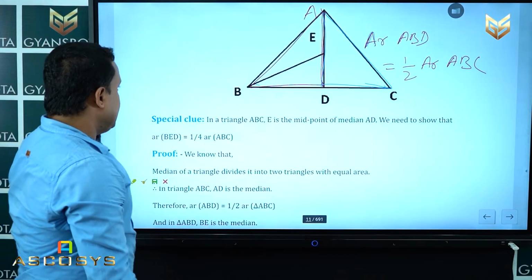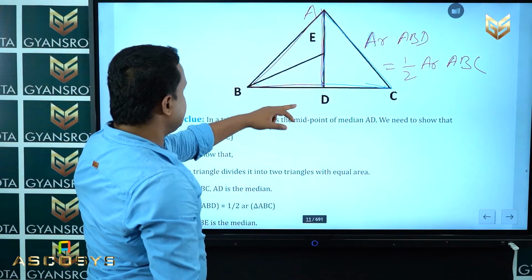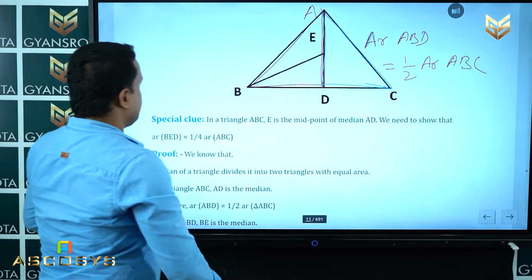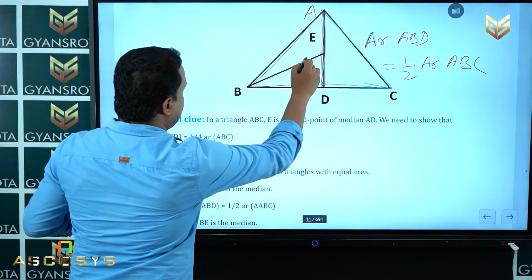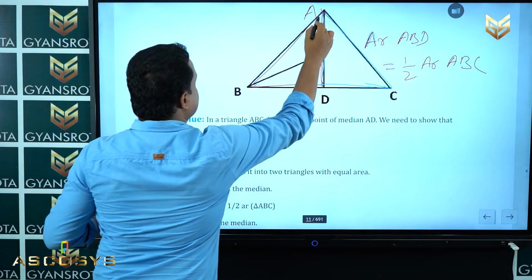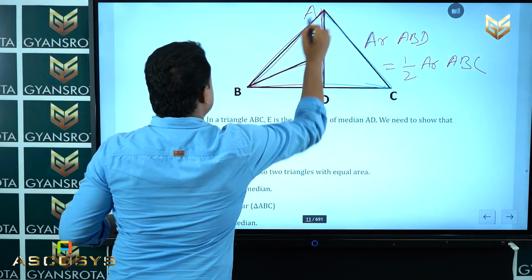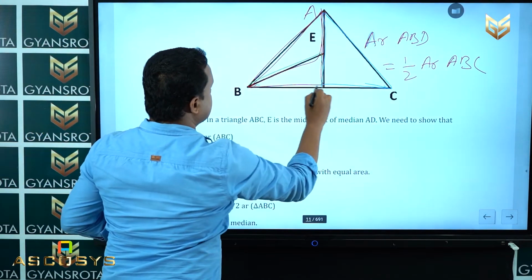So in triangle ABD, since BE is the median, we have shown that the area of this triangle is equal to the area of this triangle.